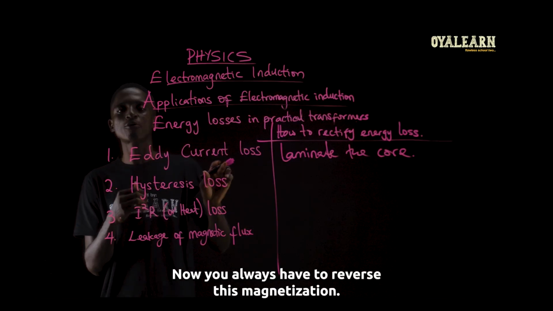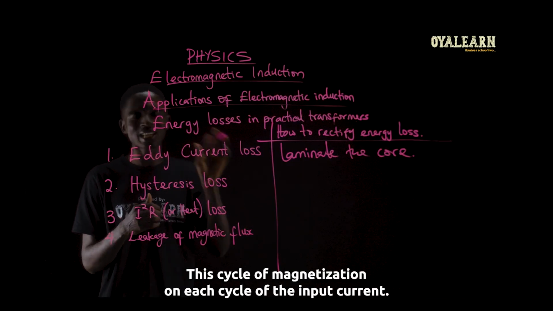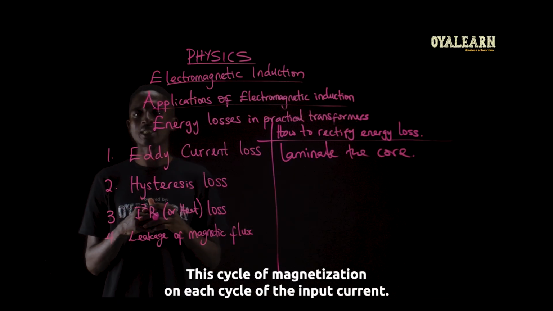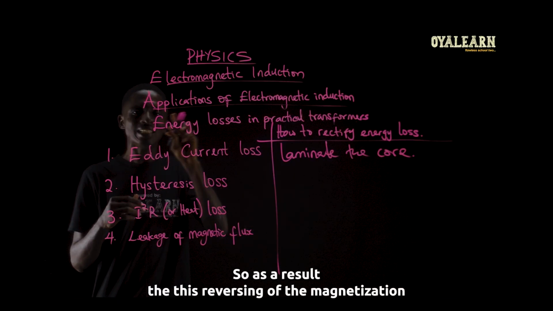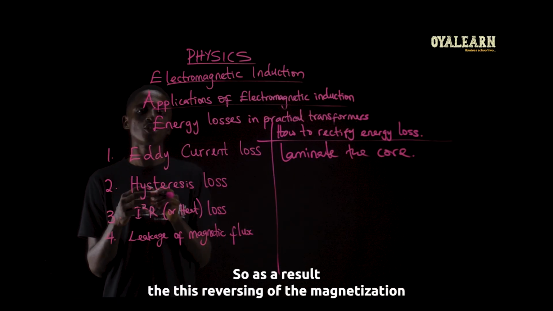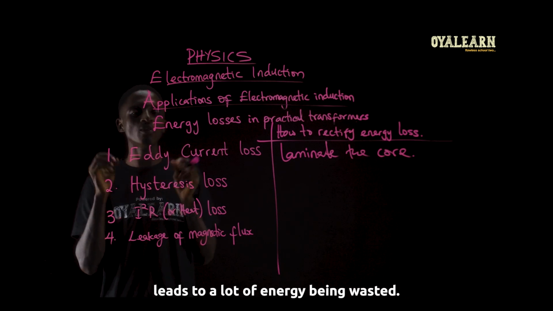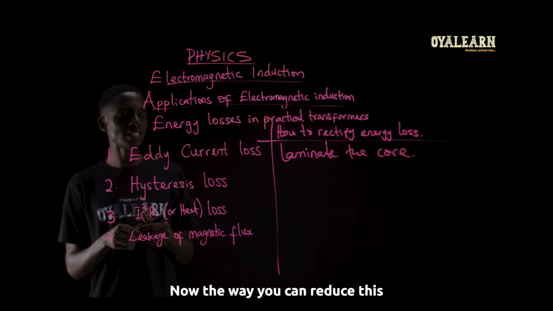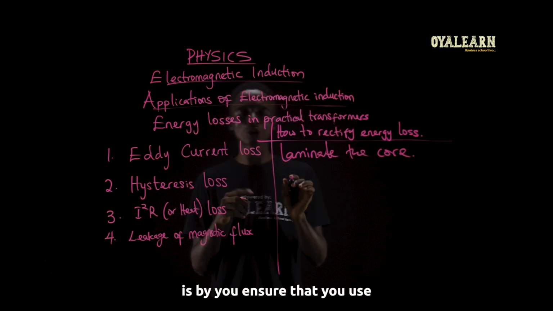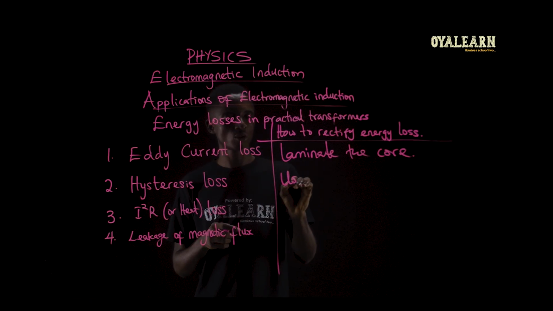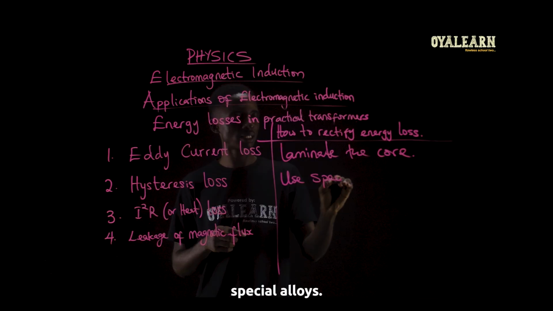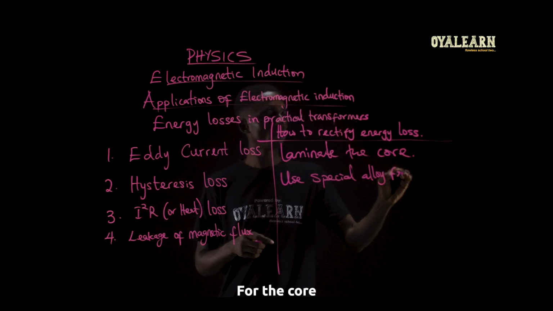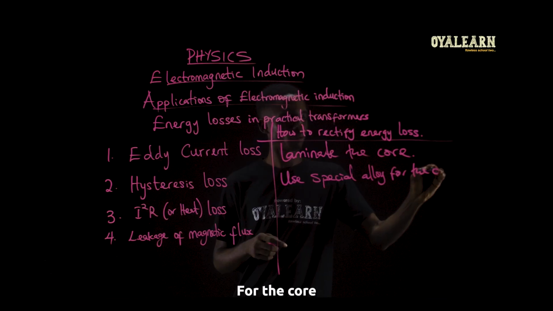You always have to reverse this cycle of magnetization on each cycle of the input current. As a result, this reversing of the magnetization leads to a lot of energy being wasted. The way you can reduce this is by ensuring that you use special alloys for the core.